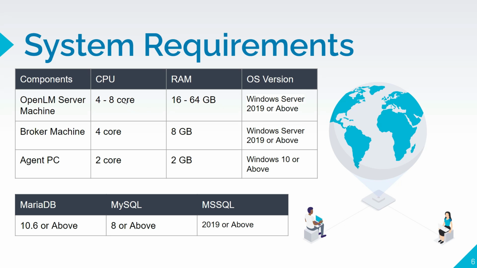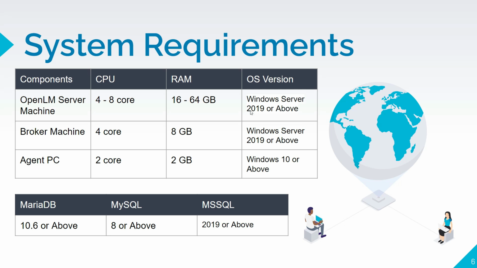Actually, if you are connecting many agents, you have to think about increasing the RAM and the CPU. And then OS version, Windows Server 2019 or above.